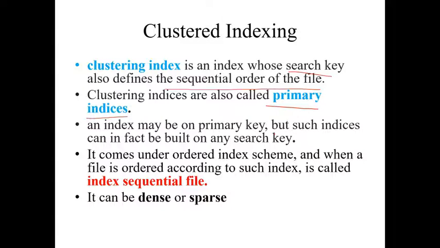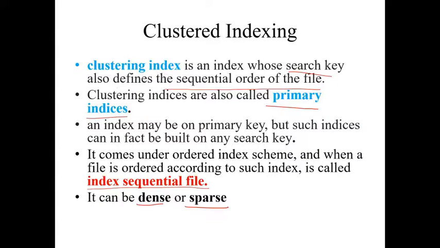We can do it on any search key or attribute value. Whenever we follow such clustered indexing, and the file also follows that same order, we call that file an index sequential file. Clustered indexing can be either dense or sparse.